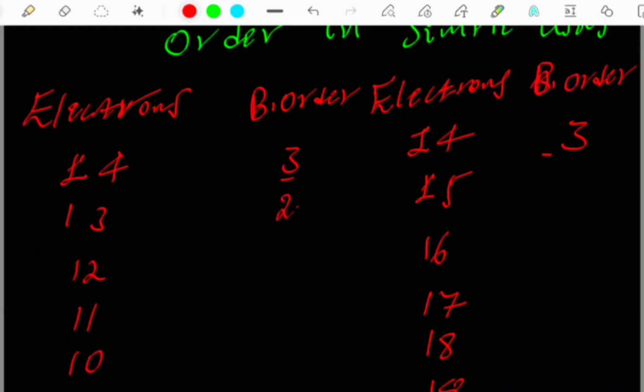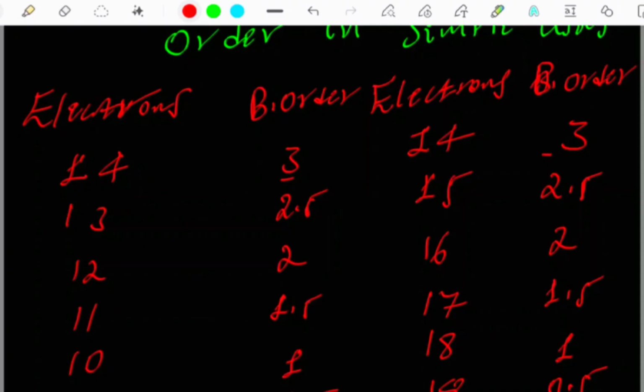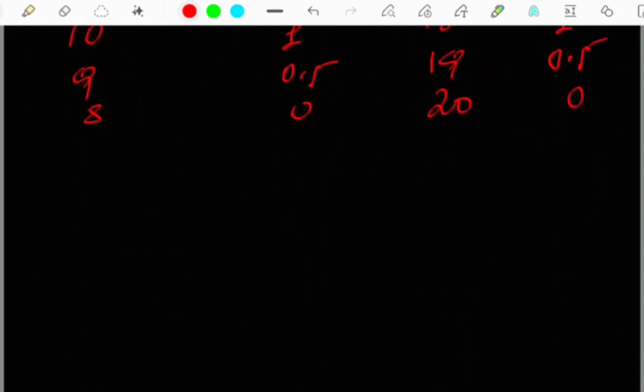So this is 2.5, 2, 1.5, 1, 0.5, 0, and likewise 2.5, 2, 1.5, 1, 0.5, and 0. So now we are going to see the examples.